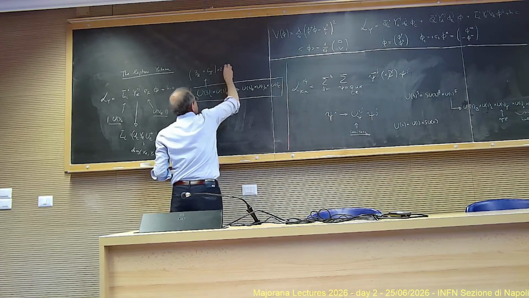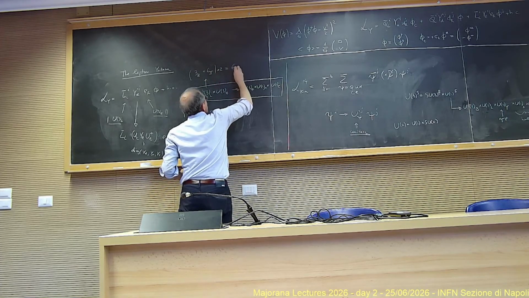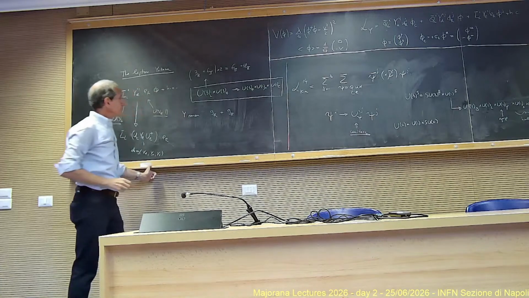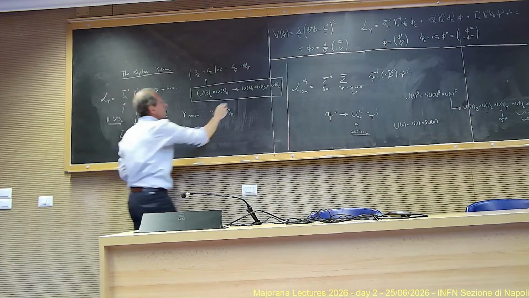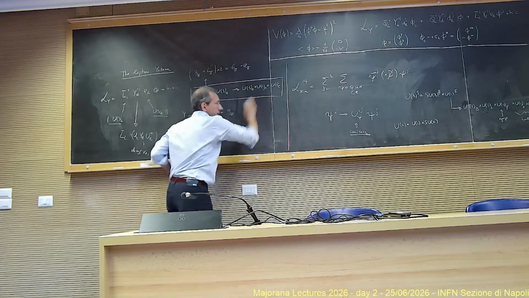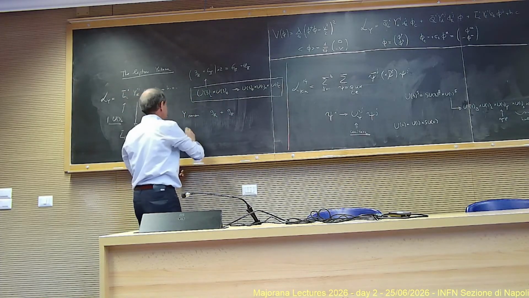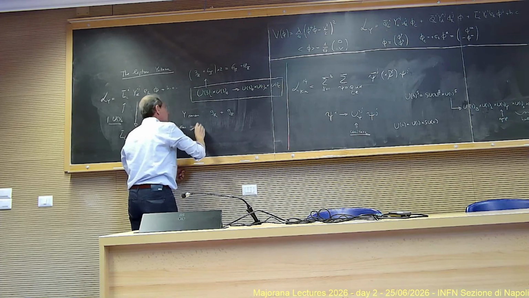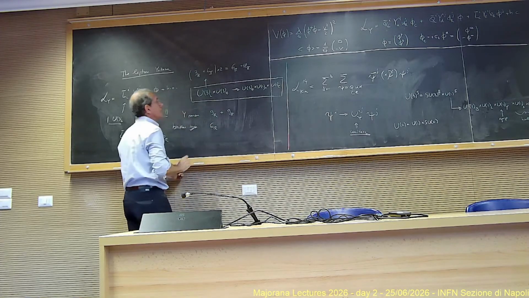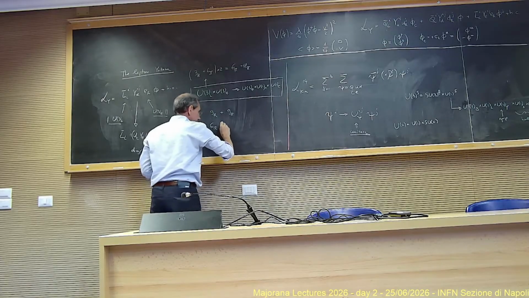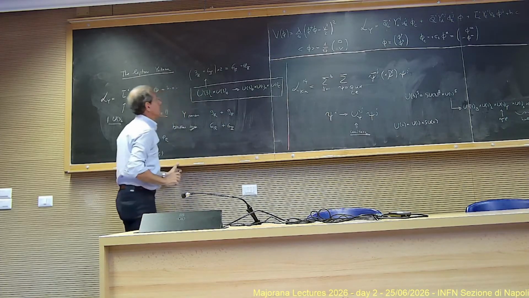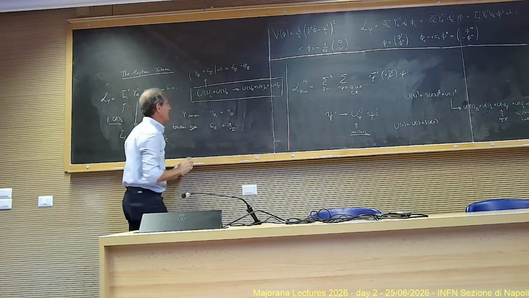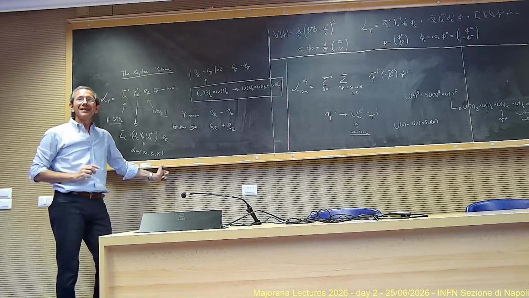So actually here I was starting with 6 real parameters and 12 phases, but 3 phases survived. So the broken generators are 6 real broken generators and 12 minus 3 imaginary phases.